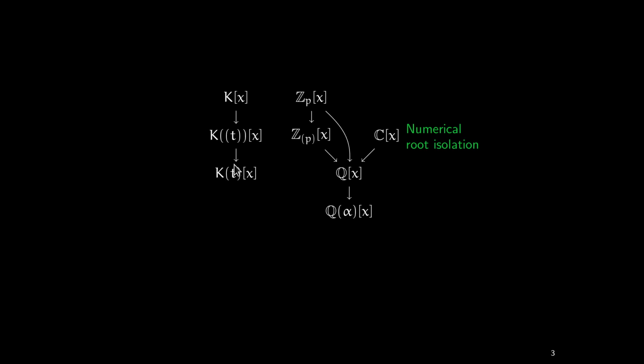So this is also a field, and I want to have an algorithm that factors here, assuming I have an algorithm that factors here. And one way of doing this is to go through an intermediate stage where you construct an algorithm that factors polynomials whose coefficients are formal Laurent series rather than rational functions.